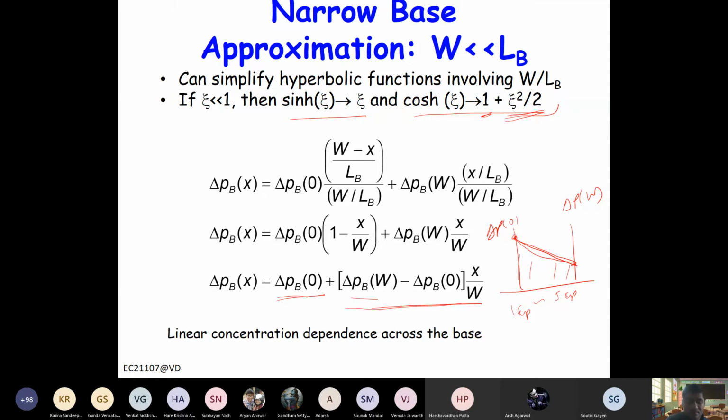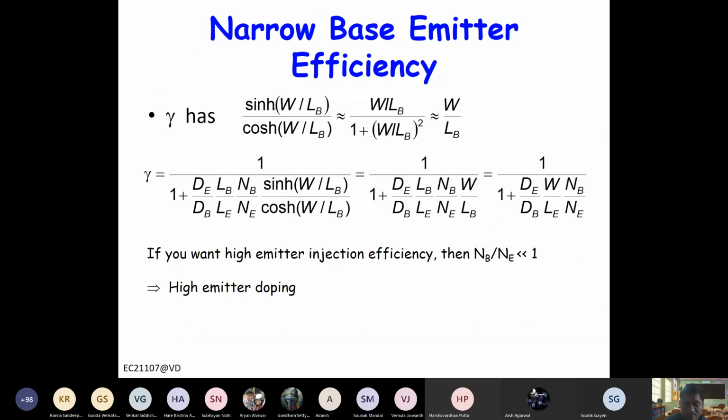And similarly for a smaller width, you can approximate gamma and alpha. So gamma will be tanh, and that will be the same as W by LB. And this factor, if you substitute it here, it will be 1 over 1 plus DB NB W by DE LE NE LB, right? So LB and LB will cancel, and you'll have W by LE basically.